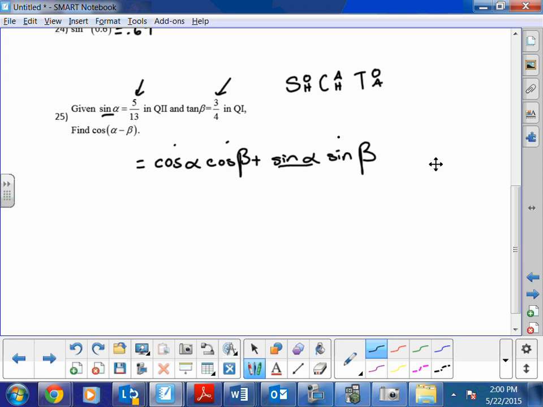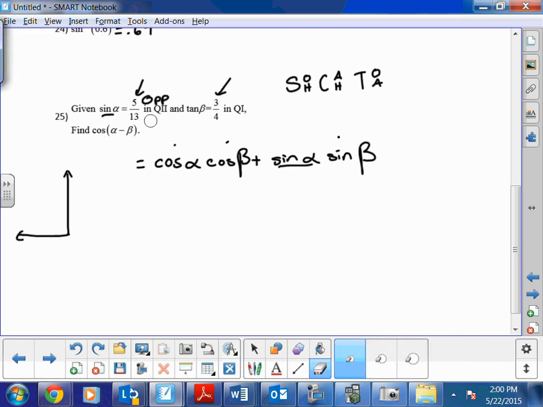Now let's solve it. One of them says it's in quadrant 2. So quadrant 2 is like this on the unit circle. And we must keep in mind that this is opposite. This is adjacent. Oh, I'm sorry, no, not opposite. That is opposite. The thing that needs to be corrected is that I wrote down adjacent, but that's really the hypotenuse. That's important.